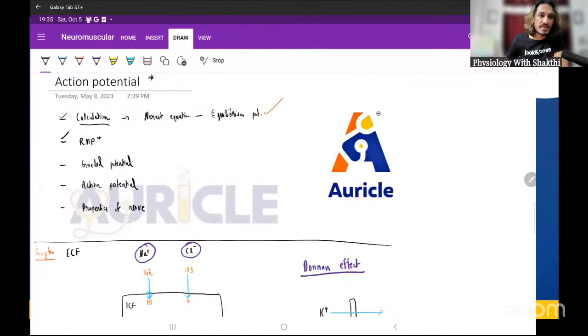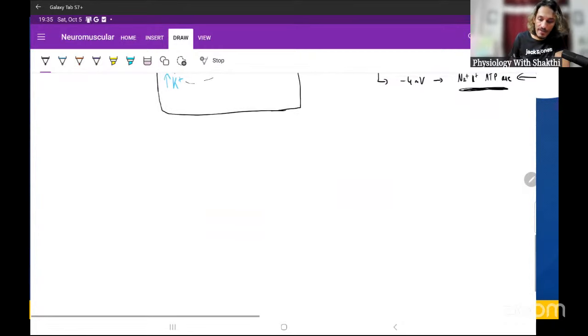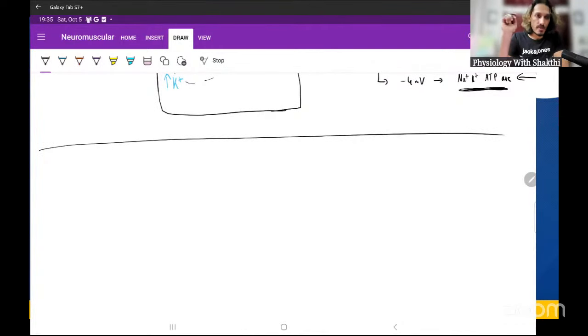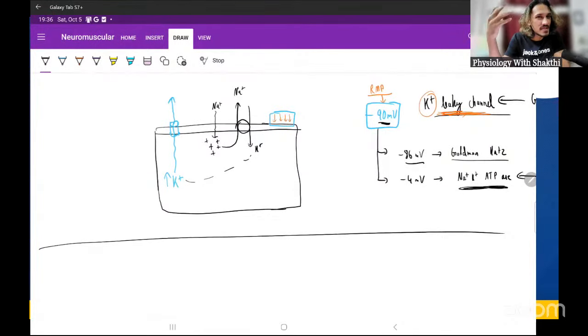Now that RMP is done, you have to understand two concepts. What is graded potential? What is action potential? At resting state, this is how everything is going on, and it is maintained also by sodium potassium ATPase. As I was telling you earlier, influx of some positively charged ion is the problem.